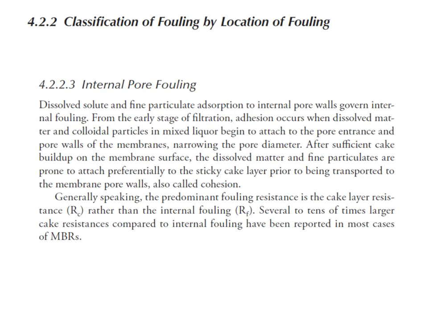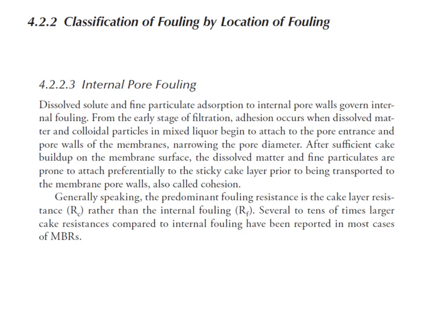Here we'll see another classification of fouling by location of fouling. The fouling may happen on top of the membranes, inside the pores, and so on. Depending on these positions for the fouling, we can classify different fouling phenomena.